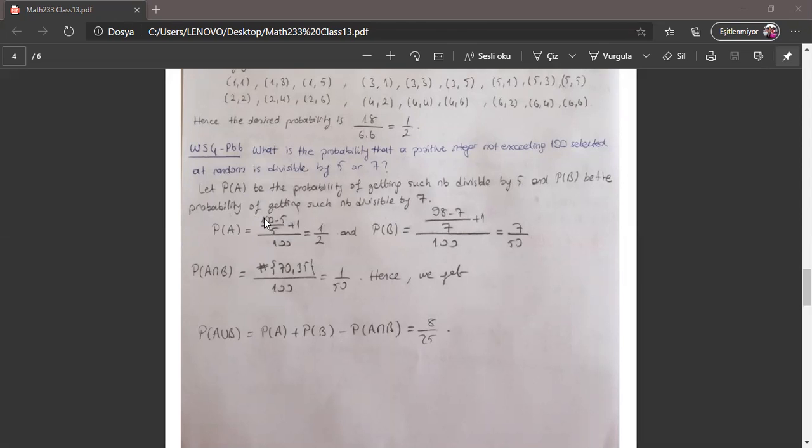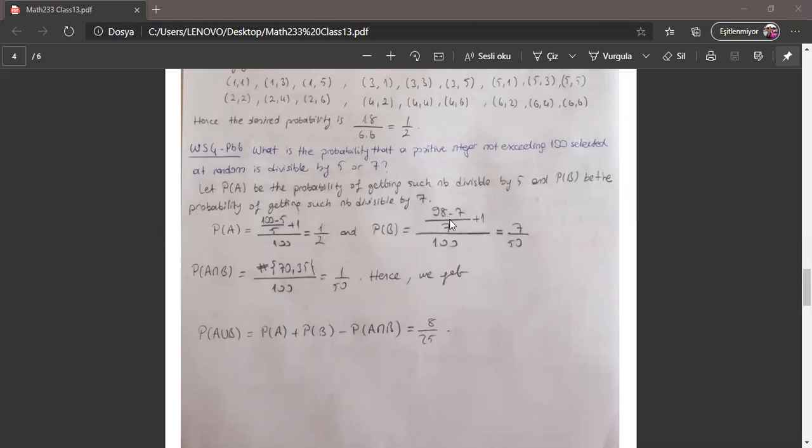So 100 is divisible by 5, and the first number greater than 0 divisible by 5 is 5. We divide it by 5 as we want to find all numbers divisible by 5, and we add 1. So we have 1/2.